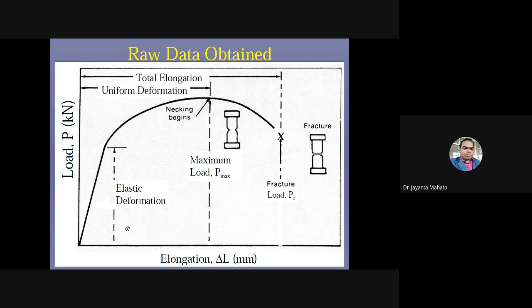This part is the plastic part. At the ultimate tensile strength, necking will occur. Necking begins, and ultimately here the material will fracture. And this is called the total elongation, meaning how much the material elongates in total.